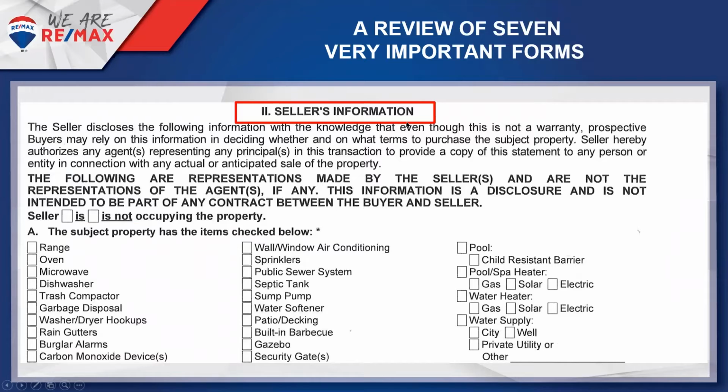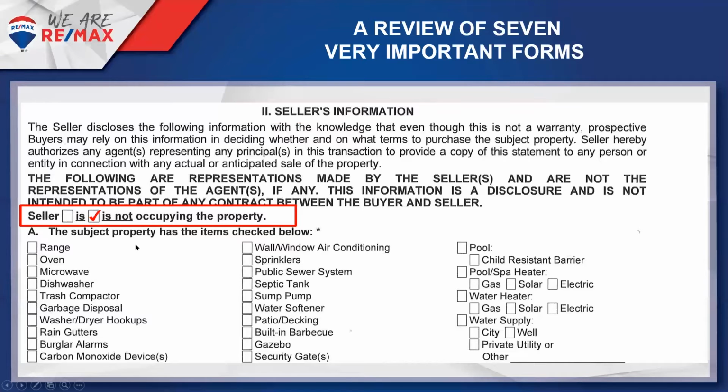Okay, Section 2 is the seller's information section, and that's where the seller answers a bunch of questions. And the one that is sometimes missed, and the one that the buyer's agent should make sure the buyer is aware of, is whether the seller is or is not occupying the property. Obviously, a seller's representation on whether or not there are any problems with all of this stuff is going to be affected by whether or not they live in the property at this time.